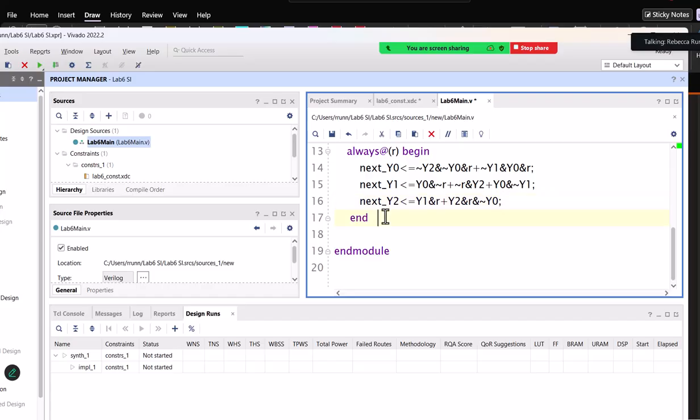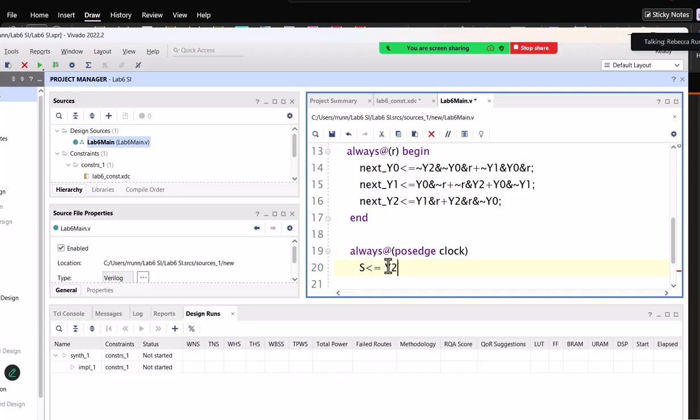Okay. And then our next always block is going to be our sequential logic. So this will be always at pos edge clock. We're going to make s equal to, s was equal to y2, right? Yes, y2.